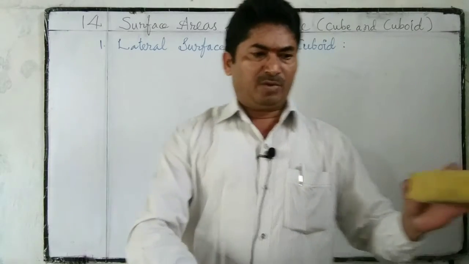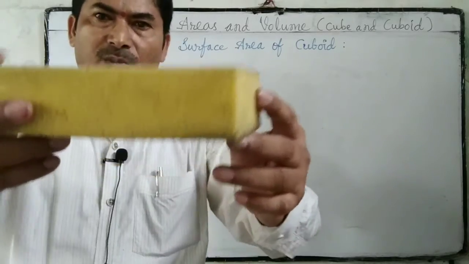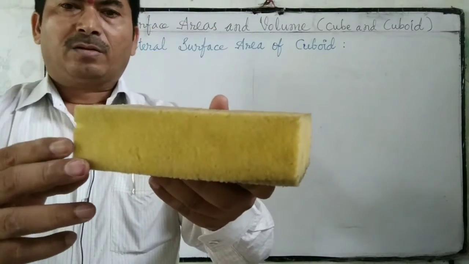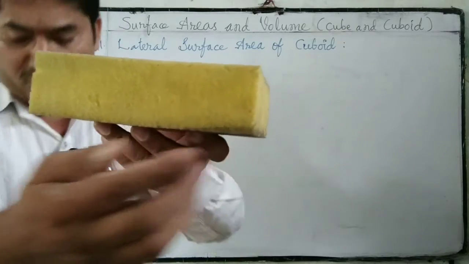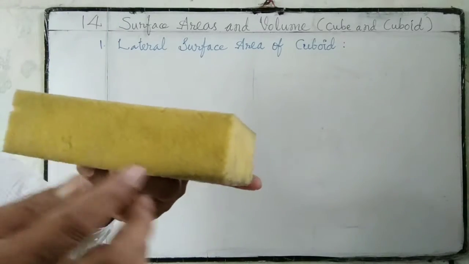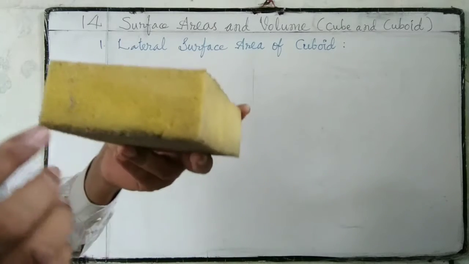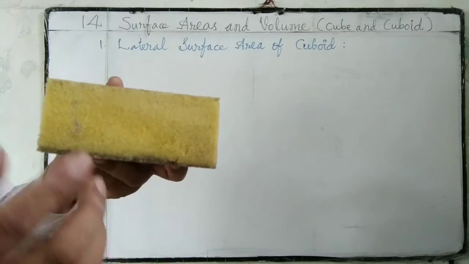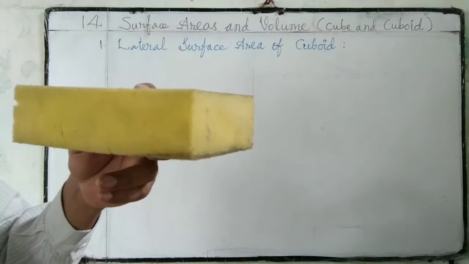The best example for a cuboid is a duster. The long side is called length, the short side is called breadth, this is called height.